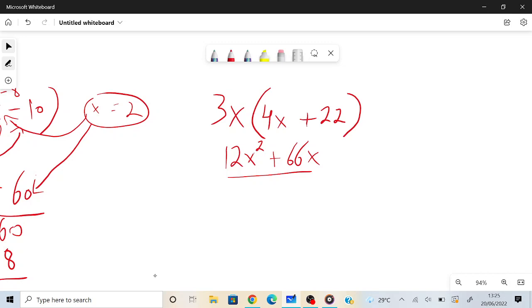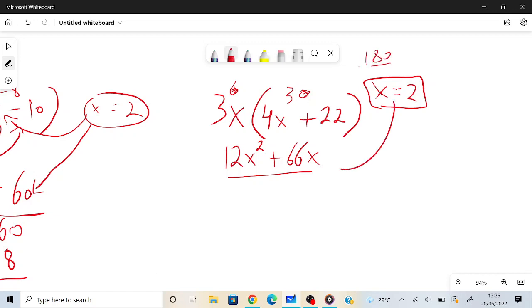Now of course, again, we can check. Let's say x is 2. Note that I'm saying x is 2. You could use x is 3, x is 4, x is 99. It should still give you the same answer. So if we have x is 2, this becomes 8 plus 22, that is 30, and we have 3 times 2, that is 6, and then 6 times 30, that's 180.